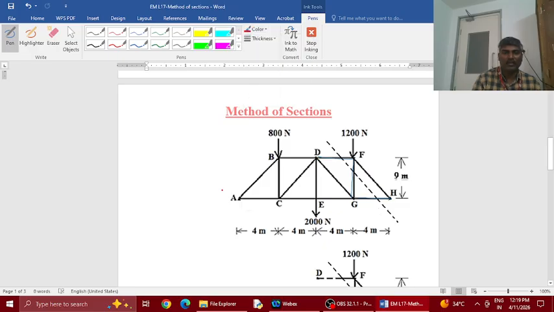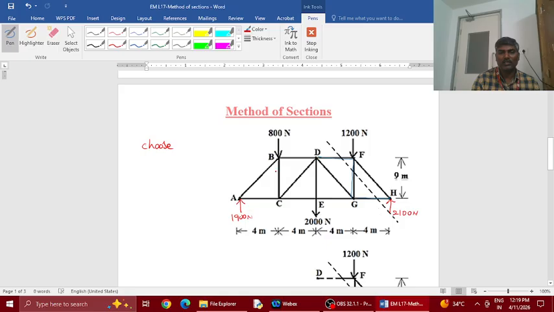The condition is to see that the truss becomes two parts. Now we have a reaction here, we have a reaction here, and we have got the values of 1900 Newton and 2100 Newton. So this is how you choose a section and cut the truss into two parts. Sectioning means to cut. Once you do that, now choose either the left or right part of the truss.